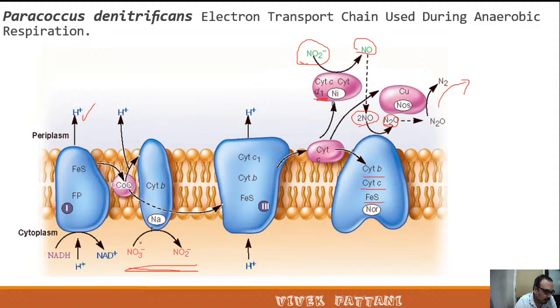At the same time, NO3 will be converted into NO2 minus, nitrate to nitrite, and the electrons will move forward to cytochrome c, and from cytochrome c to the cytochrome cd1 complex, where NO2 minus will be converted into NO. At the same time, cytochrome c also transfers electrons to a copper-containing system, which will help in the conversion of N2O into N2. NO will be converted further into N2O, dinitrogen oxide, and finally into nitrogen. Cytochrome c will further transfer electrons to the cytochrome bc1 Fe-S complex.